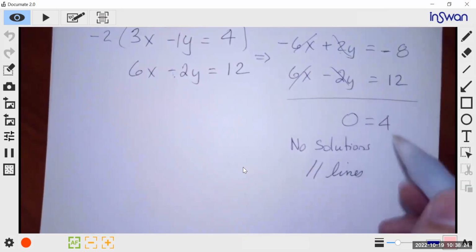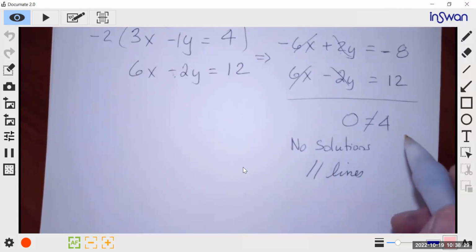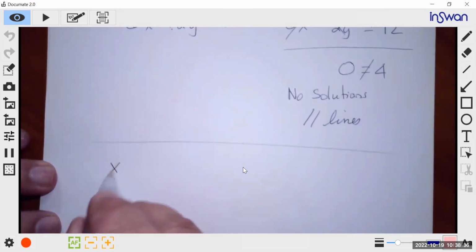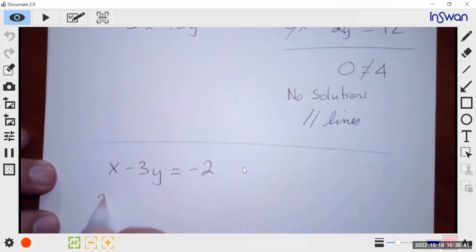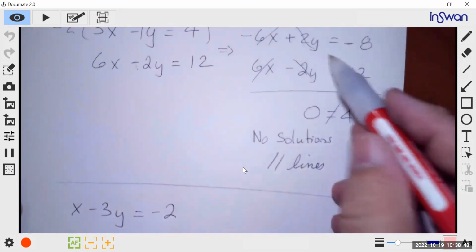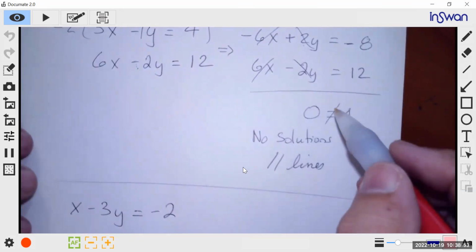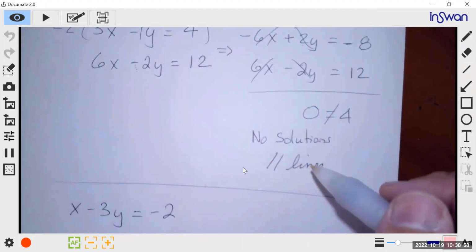So if this ever happens, if you get to a point where all the variables are gone and the two answers don't match, those are parallel. So again, if after you multiply and add everything together, all the variables disappear and the numbers are not equal, then they're parallel. You have no solutions.